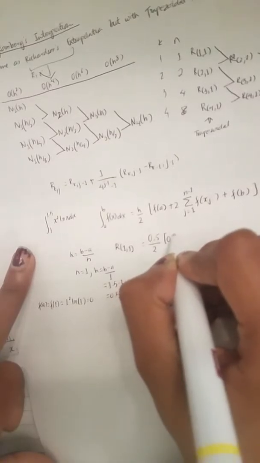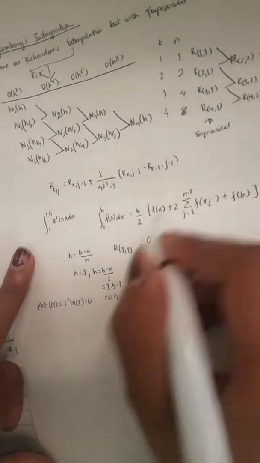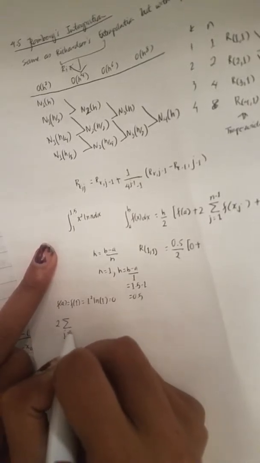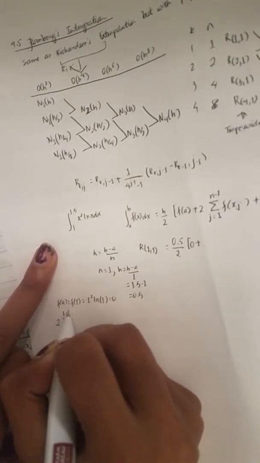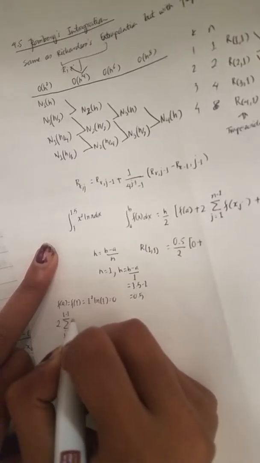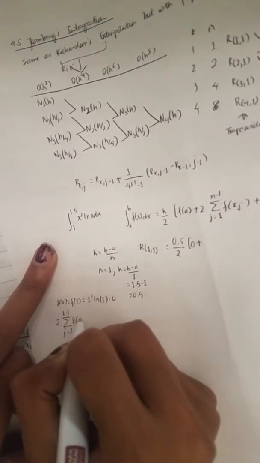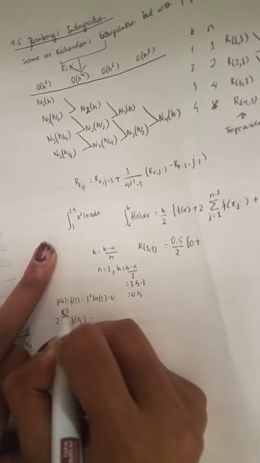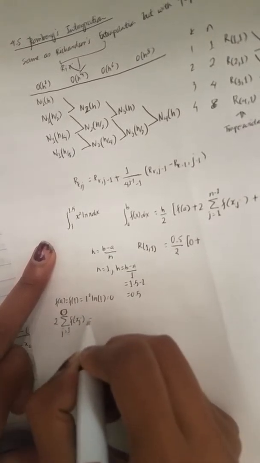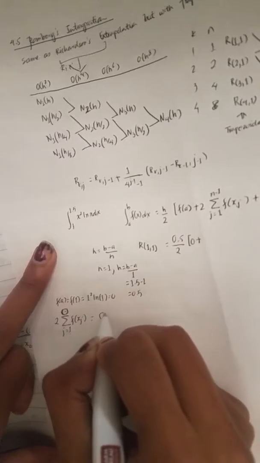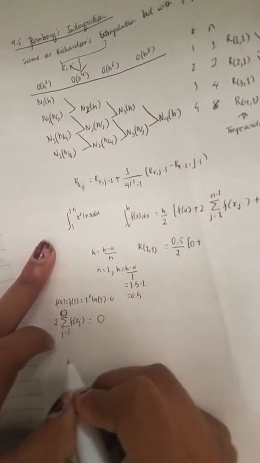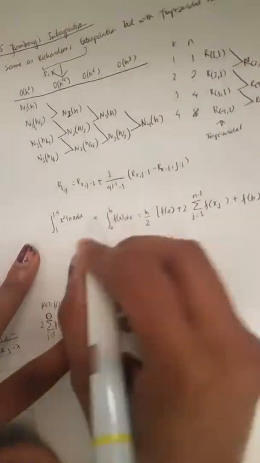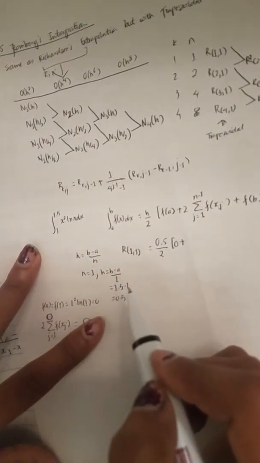So 0 plus the big looking thing: the sum from j equals 1 to n minus 1, which is 1 minus 1, of f of x_j. 1 minus 1 is actually 0, so this whole thing goes to 0. So basically this is just f of a plus f of b for R11.